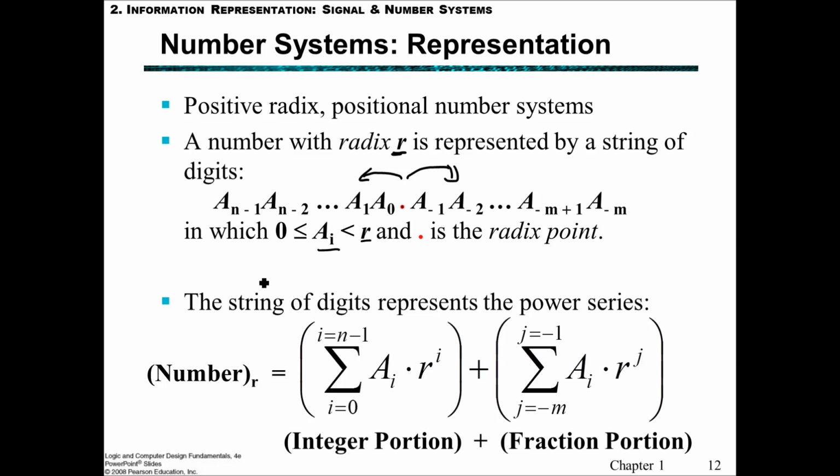So maybe an example would be the decimal system, numbers 1 to 10, and we might have a number like 123.45. And so in that case, all of these numbers, 1, 2, 3, 4, and 5, are all less than the radix 10 because it's decimal system. So we count from 0 to 9 in decimal system.